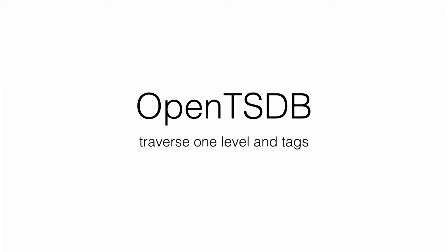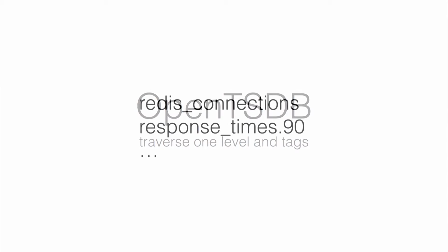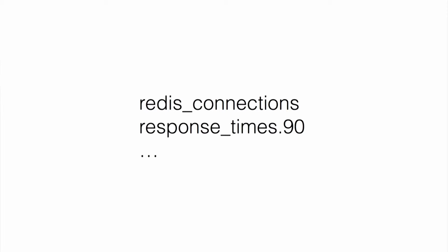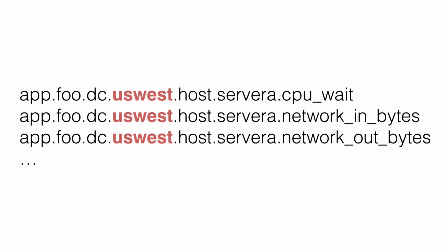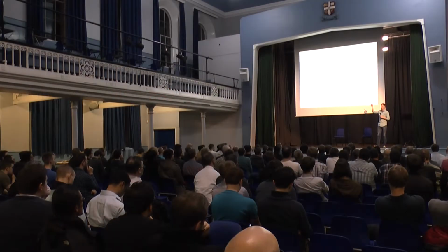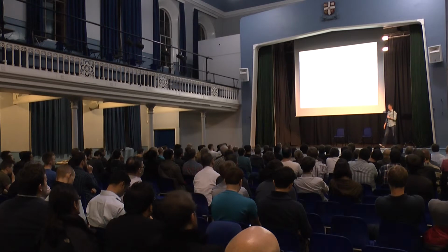So basically we say, oh, we have a series called Redis connections, and another series called response times.90. In Graphite, you have to find your spot in the tree. And the truth is, depending on how you structured things, maybe things will be at the same level of the tree, but maybe they won't. In this case, say what data center, everything's at the same level.